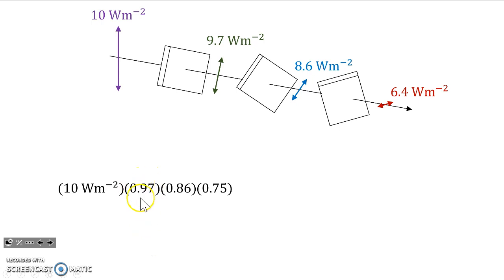This is cosine squared for the first angle, and then for the second angle, and then for the third angle. And these factors tell us how much light we retain when the beam passes through each of the three filters. If you want to combine the effect from all three, you multiply all three together by the initial intensity. And when you do that, you get the correct answer of 6.4 watts per meter squared.